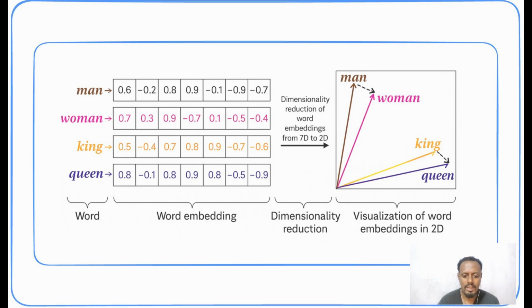The geometry holds. Researchers actually visualize this. They take these high-dimensional vectors and use a technique called PCA to squish them down to 2D, just so we can see them, and you literally see clusters forming. Tense terms grouped together, number words together, cat species together.